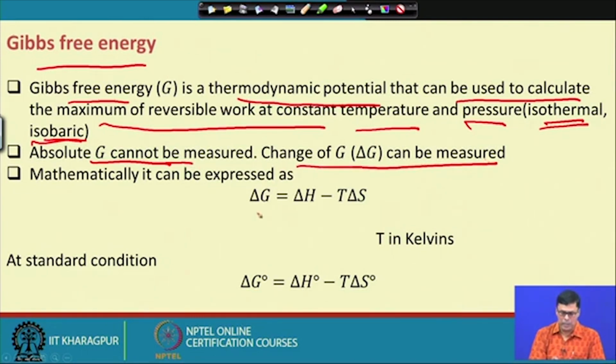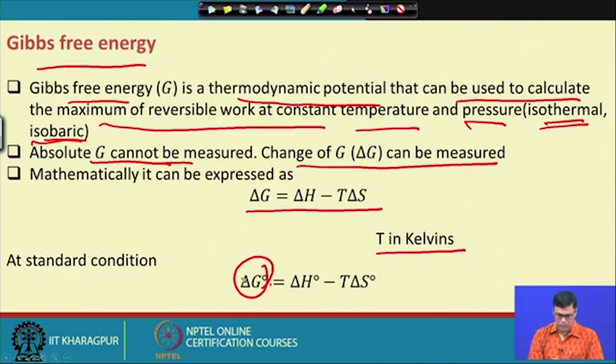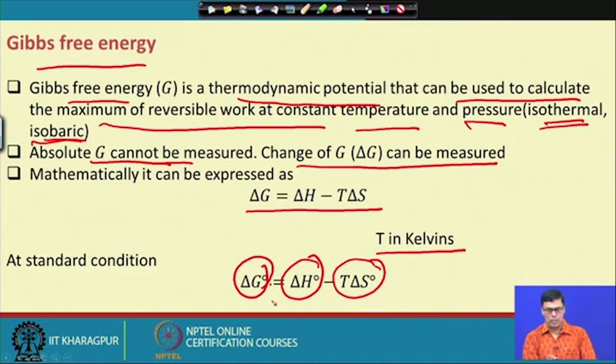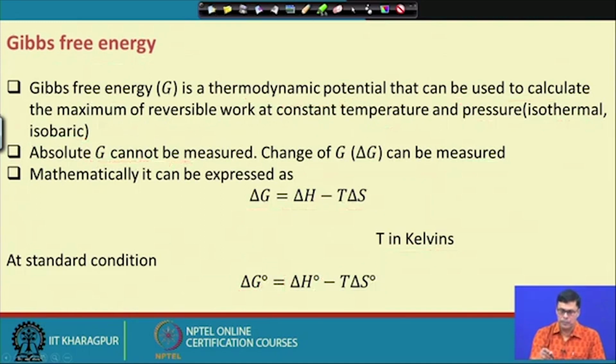Mathematically, the change of free energy equals del H minus T into del S, where T is measured in Kelvin. Under standard conditions, the standard free energy change equals the standard change of enthalpy minus T into the standard change of entropy of the system. This is the equation we should remember for calculating the free energy change.